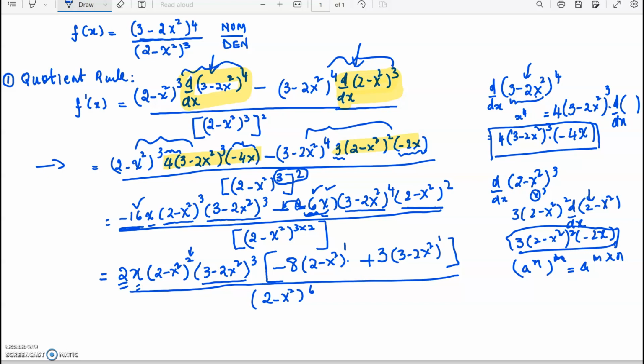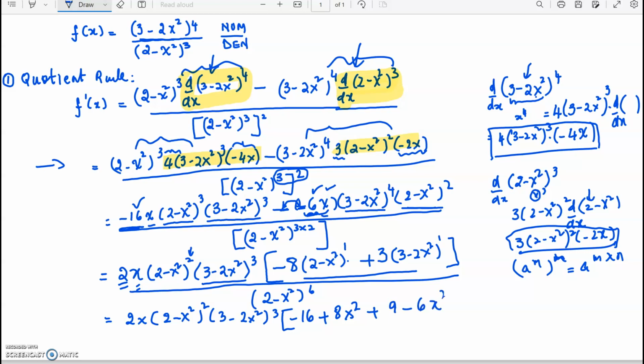Now all we have to do is simplify the expression inside the parentheses. So we have 2x times 2 minus x squared the whole squared, 3 minus 2x squared the whole cubed. 8 times 2 is 16, so that's a negative 8 times 2 is negative 16. Negative times negative is positive. 8x squared plus 3 times 3 is 9. 3 times negative 2 is negative 6x squared.